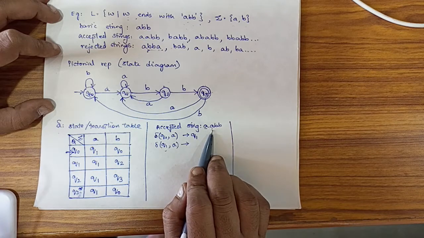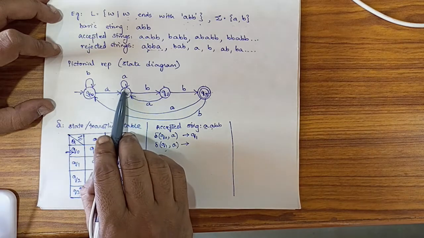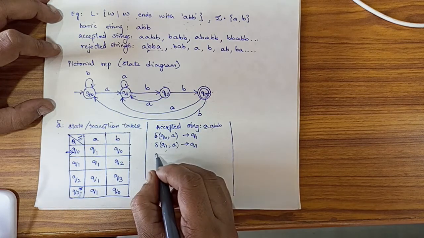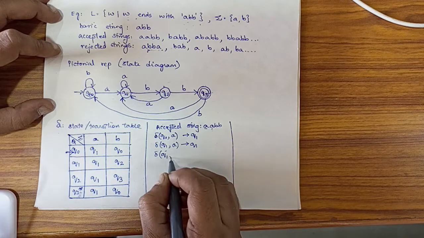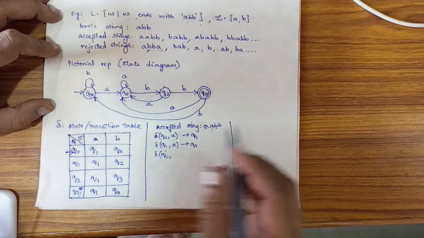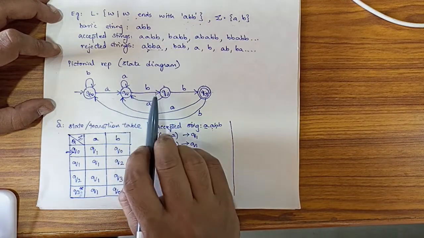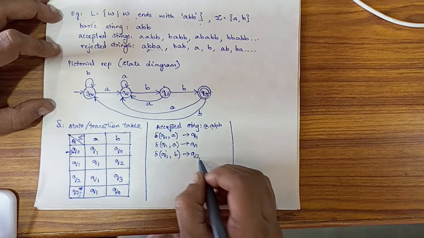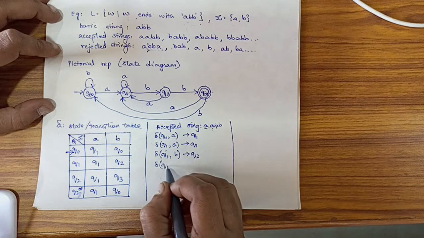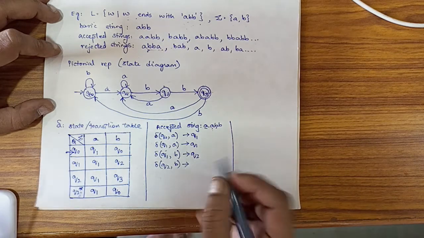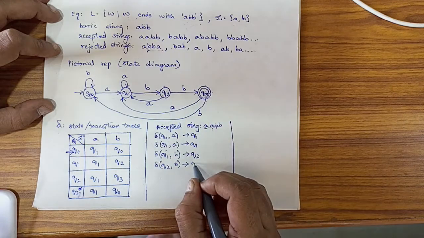Q1 on getting an A remains in Q1. Again next Q1 on getting the next input symbol, which is B now. Q1 on getting a B goes to Q2. Next Q2 on getting a B. Q2 on getting a B goes to Q3.